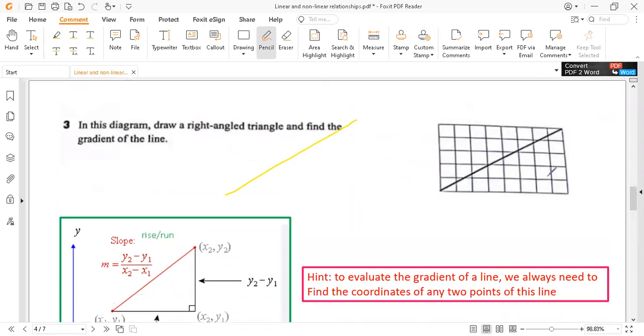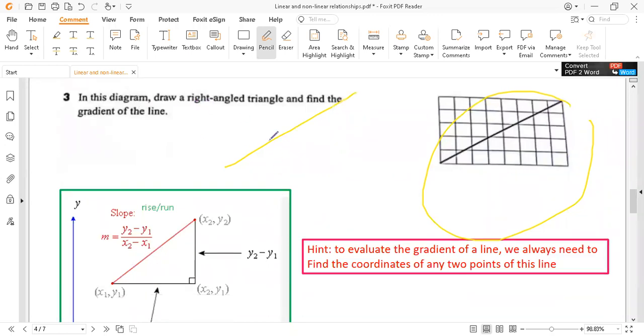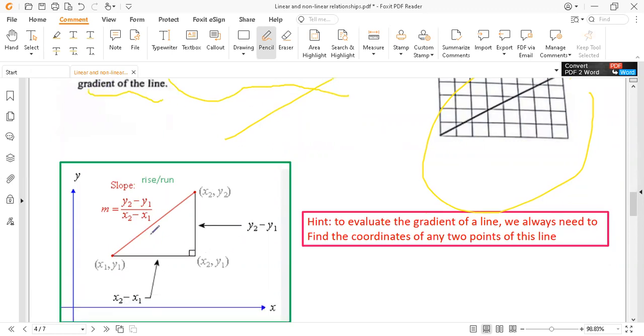So here we are also talking about a linear relationship. We have a line, and in this diagram, they ask us to draw a right angle triangle and find the gradient of the line. What do we mean by the gradient? The gradient is the slope, the quotient rise over run.